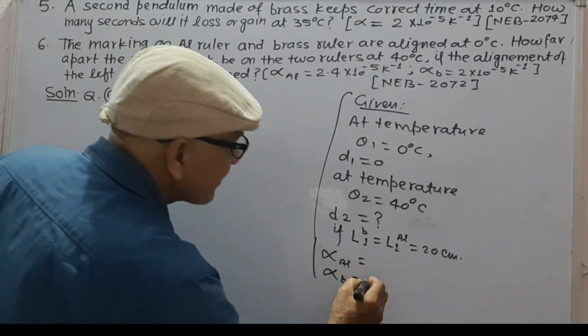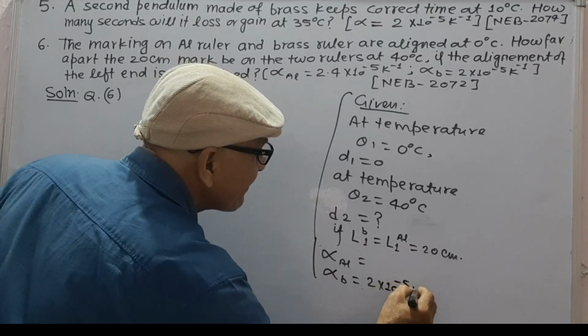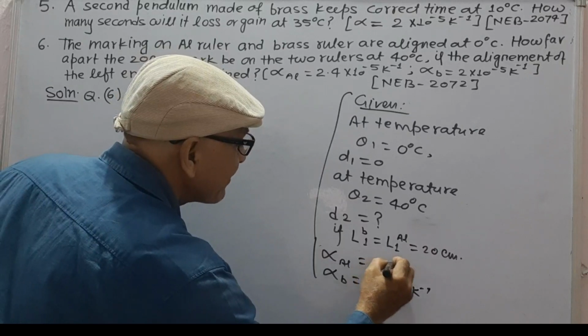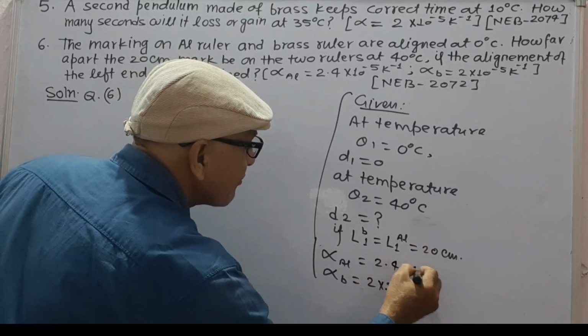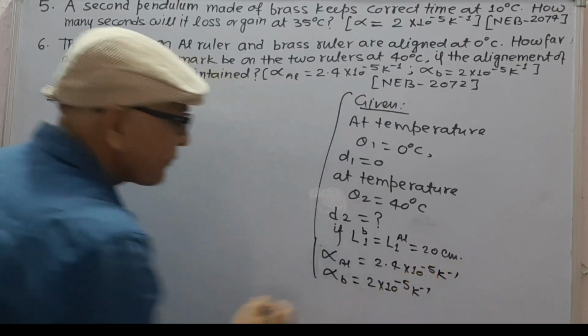Alpha of brass is 2 into 10 to minus 5 per Kelvin and alpha of aluminum is 2.4 into 10 to minus 5 per Kelvin.